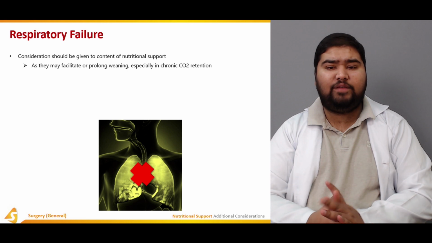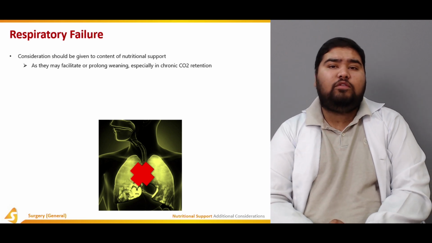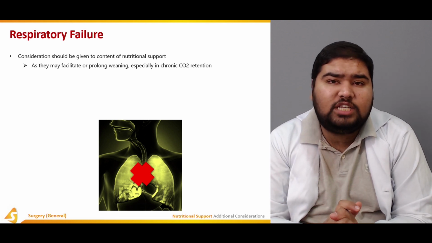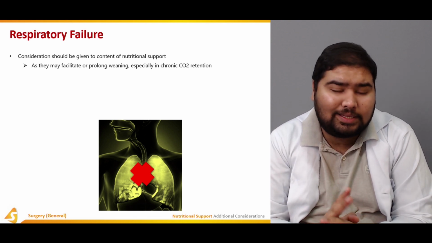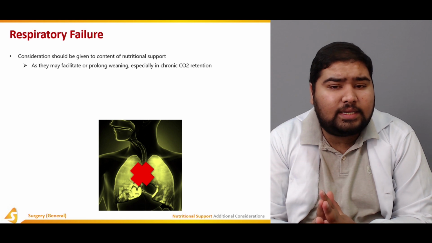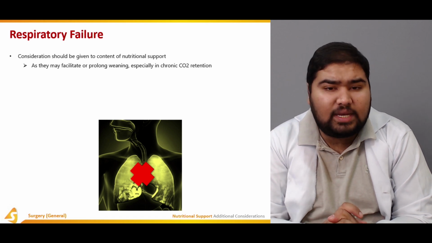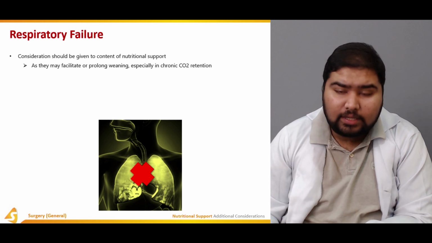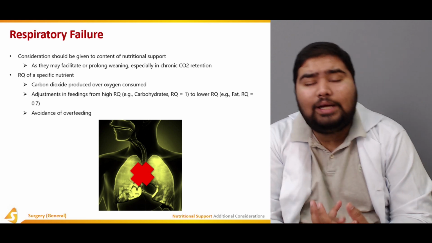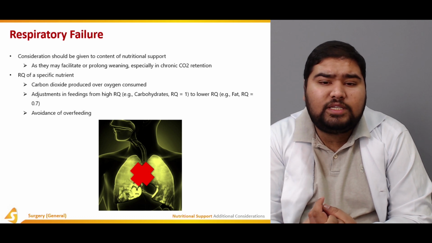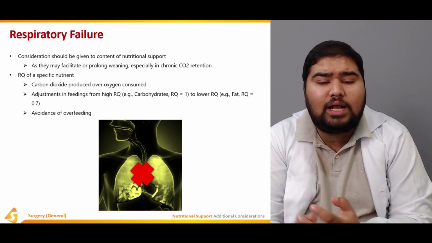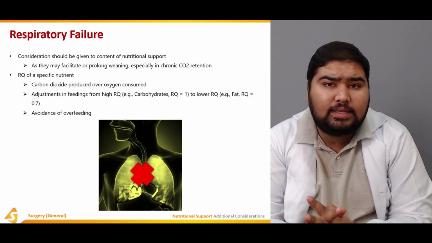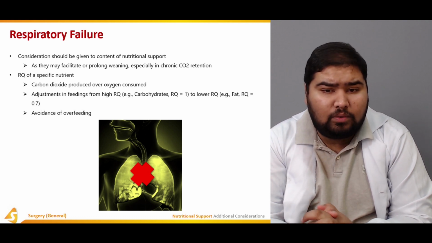Consideration should be given to the content of the nutritional support. So the respiratory quotient is very important in this case, because it may facilitate or prolong weaning in these patients, especially in chronic carbon dioxide retention. So the respiratory quotient of a specific nutrient, which is the carbon dioxide produced over the oxygen consumed, must be known.